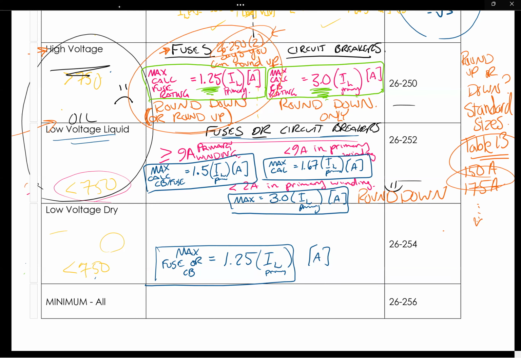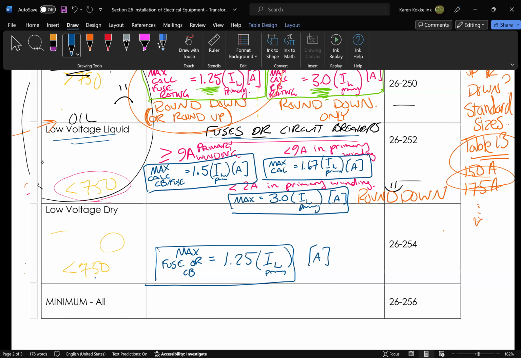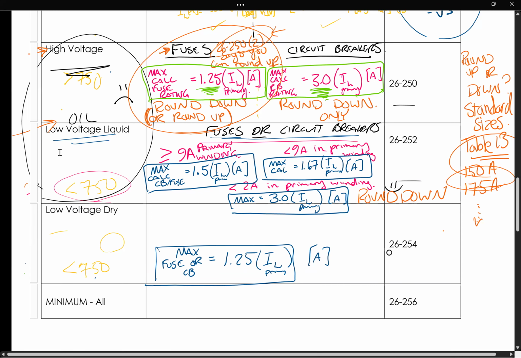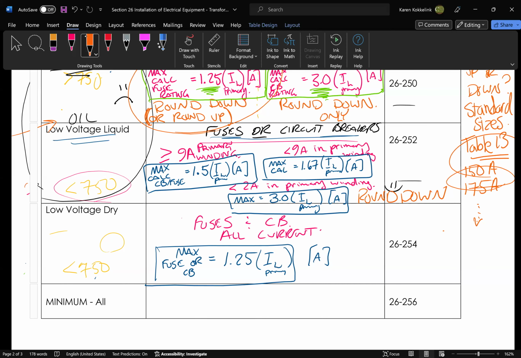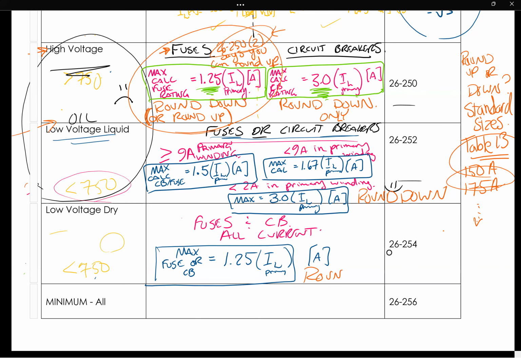So how do I say everything on this video? I'll say fuses and circuit breakers, all current. Just everything. And then, of course, in orange, I'm going to say round down table 13. Okay, because you can't buy, like, probably what you're going to get there.